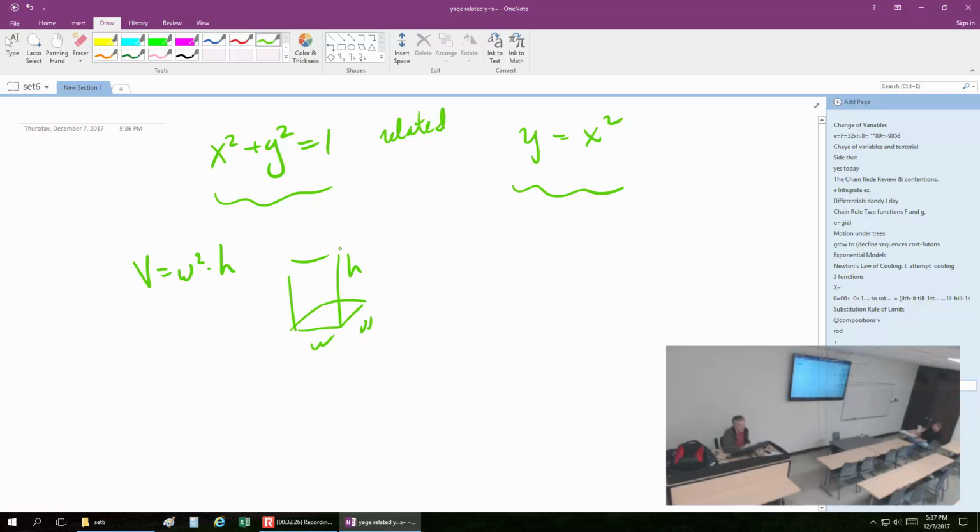Then the question might be asked: suppose the volume of the box is changing in shape, but not in volume. Say the volume is fixed, let's say 100, and then you end up with once again a relation between w and h that is fixed, because there are no other variables involved. Then you might be asked, if h is changing, how will w be changing, and vice versa.